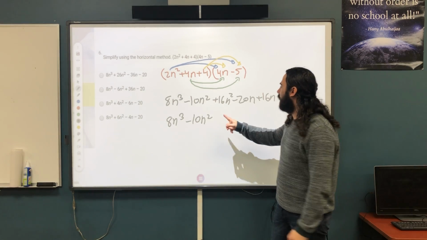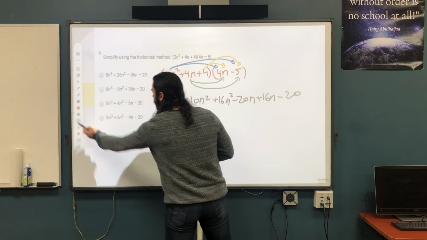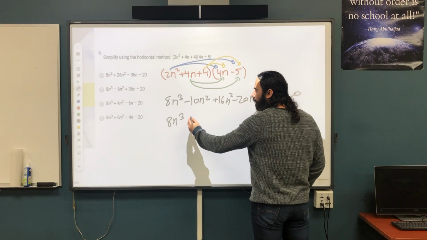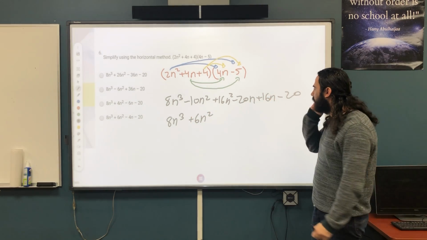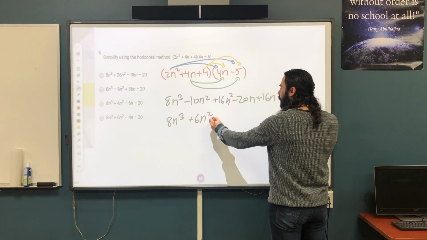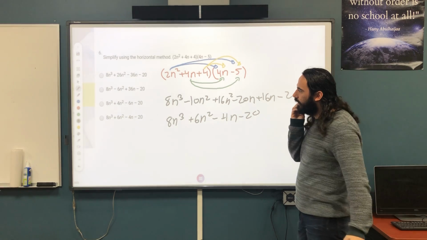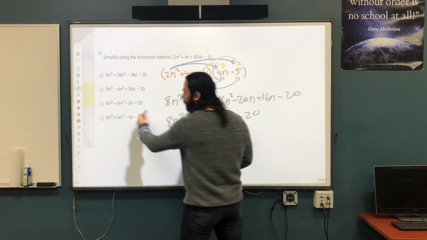So negative 10n squared plus 16n squared is, of course, plus 6n squared. Negative 20n plus 16n is minus 4n, and minus 20. Now it's going to be perfect, the last one.